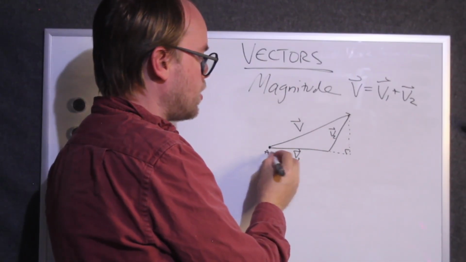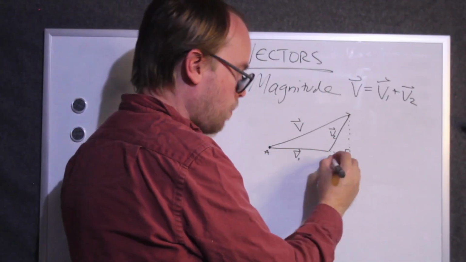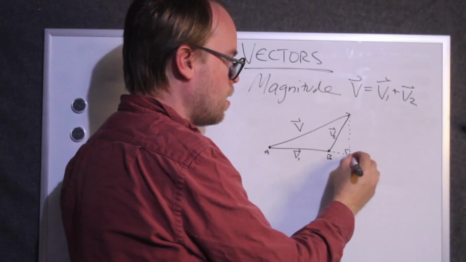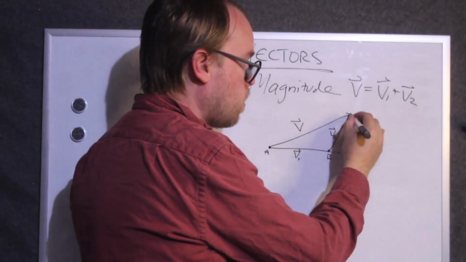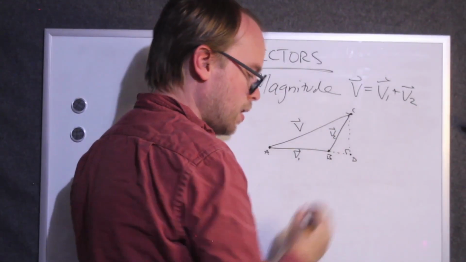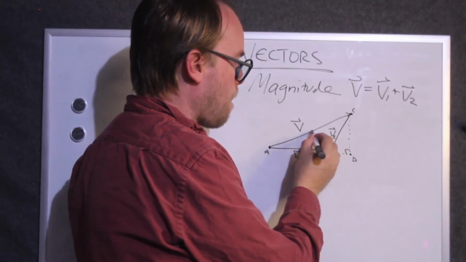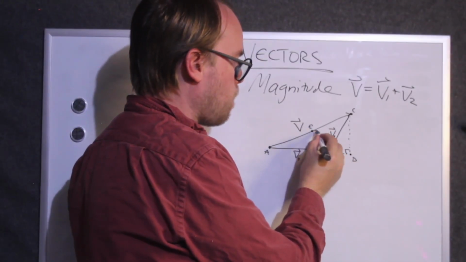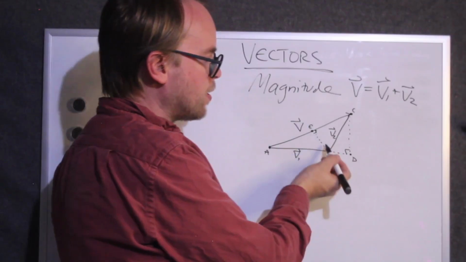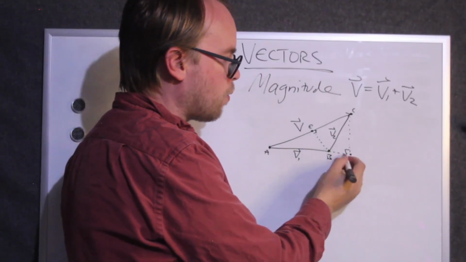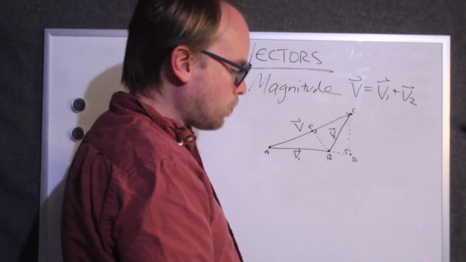I'm going to label some spots here. B, C, and D. And, you know, we might as well do this. E. So this is the altitude of the triangle. This is also a right angle here.